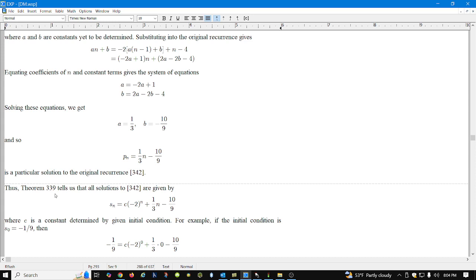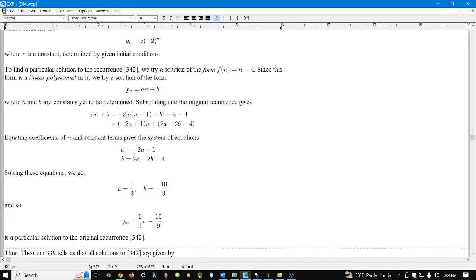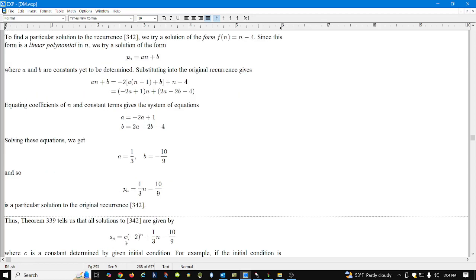So the previous theorem tells us then that all solutions to the recurrence, where is it? Right here, have this form: an arbitrary solution to the associated homogeneous recurrence, that's why there's still a constant here, plus this particular solution.